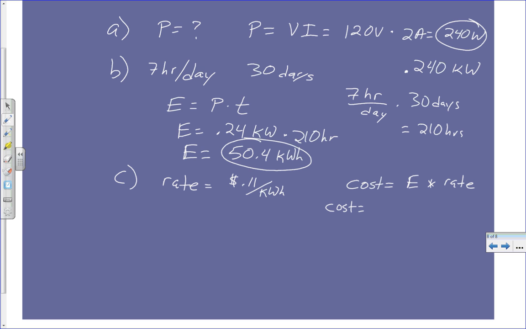So we use 50.4 kilowatt hours in 1 month at a rate of 11 cents per kilowatt hour. So to watch a television for 7 hours a day for 1 month at 11 cents per kilowatt hour would cost us $5.54.